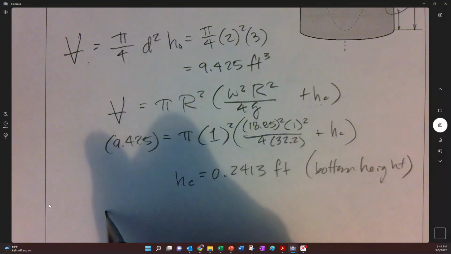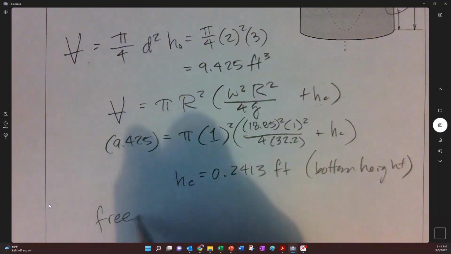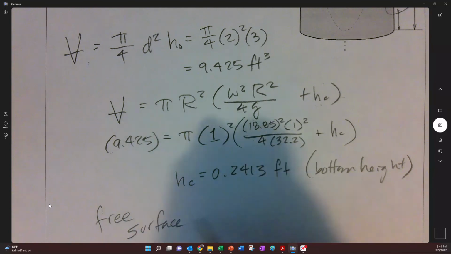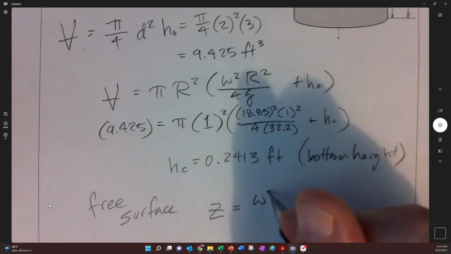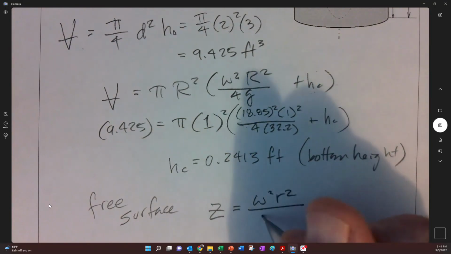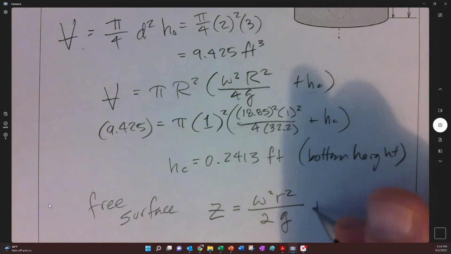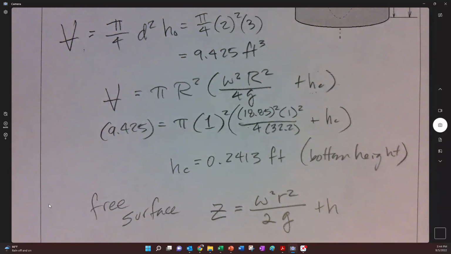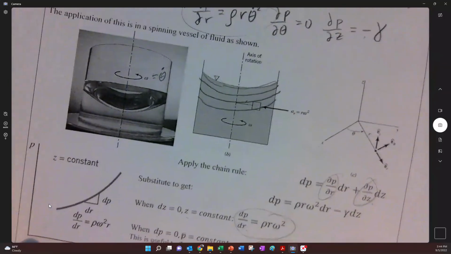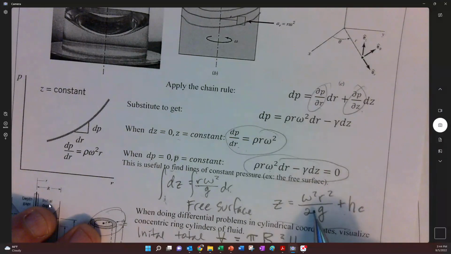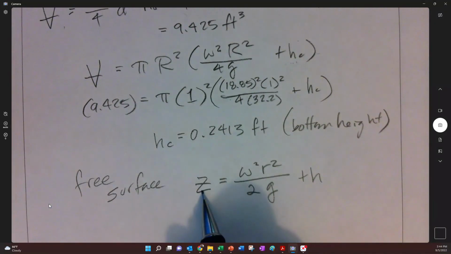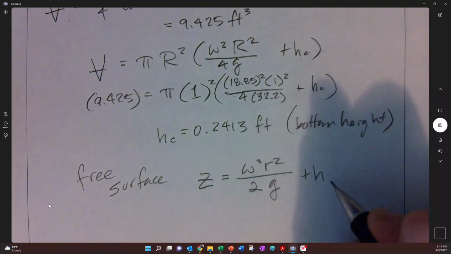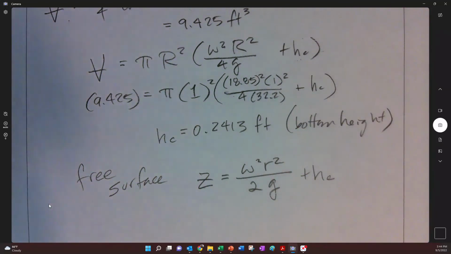So here, if the free surface has an equation that can be found from Z is equal to omega squared r squared divided by 2g plus h. You'll recall that came from right here, right? That's how the free surface, so this is where the free surface is located, and that should be HC, I believe. Yeah, that's HC.